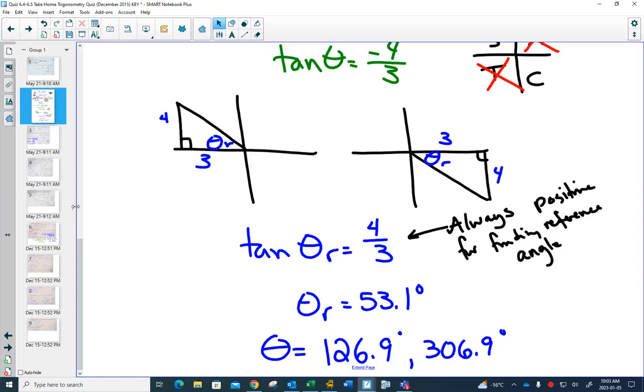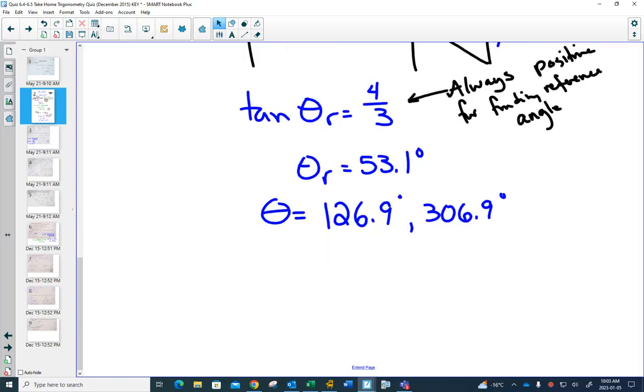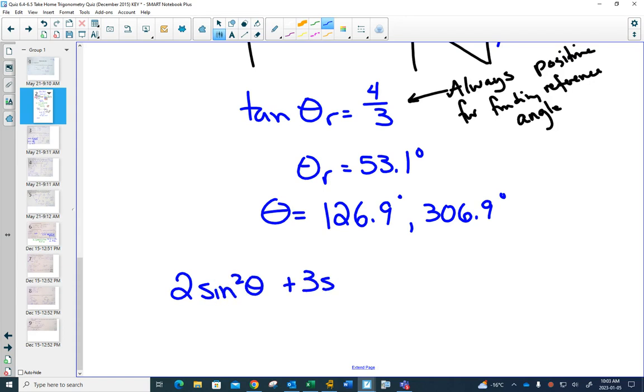Okay, so that's solving. We had solving equations on that worksheet that looked like this. We had solving equations on our worksheet that were quadratic. So you could have a question that looked like this: 2 sine squared theta plus 3 sine theta plus 1 equals 0.